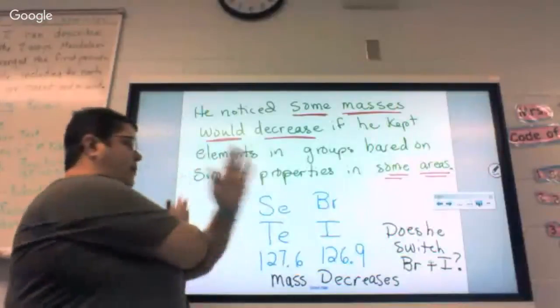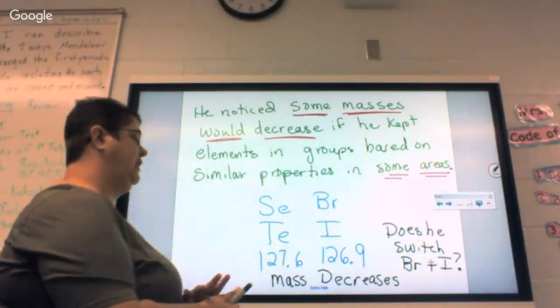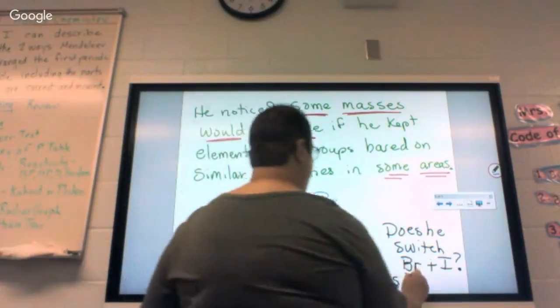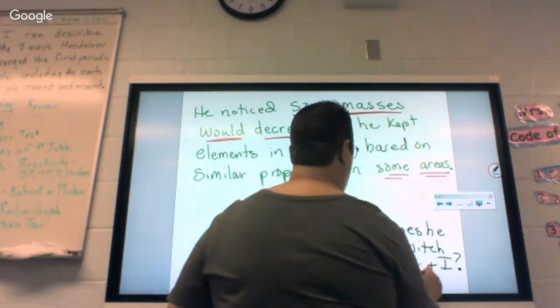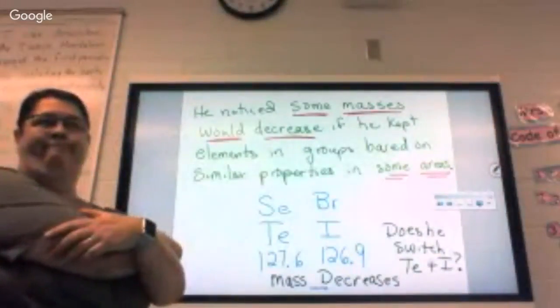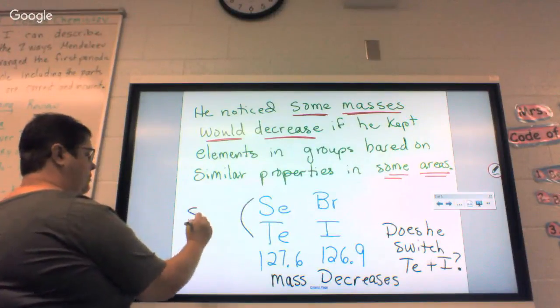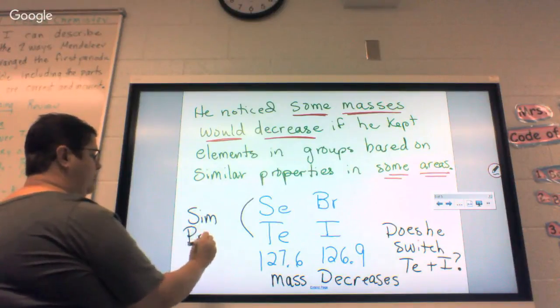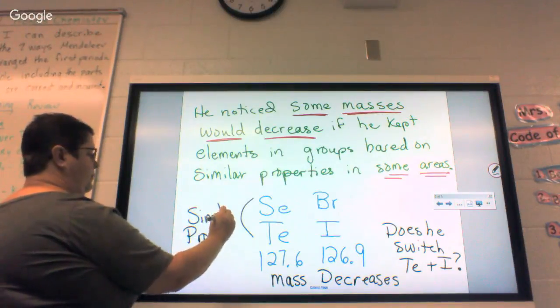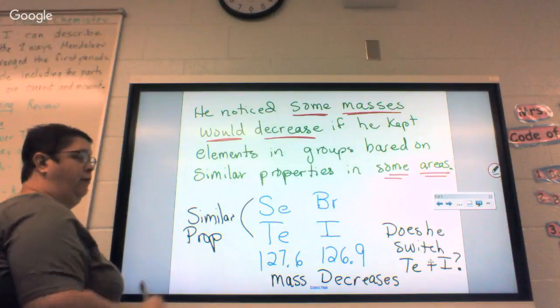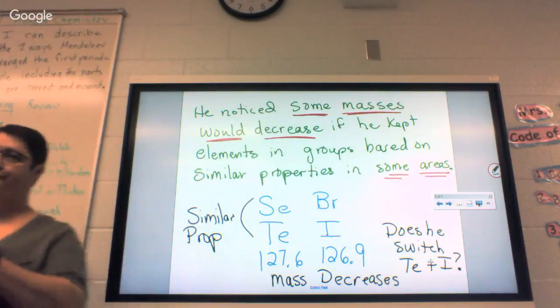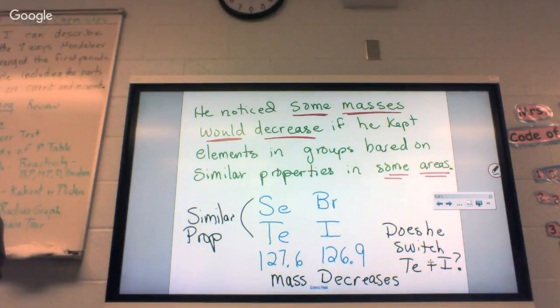Does he flip them because the masses are backwards? Or does he say these have similar properties and leave them alone? What does he decide to do? He left them based on similar properties.